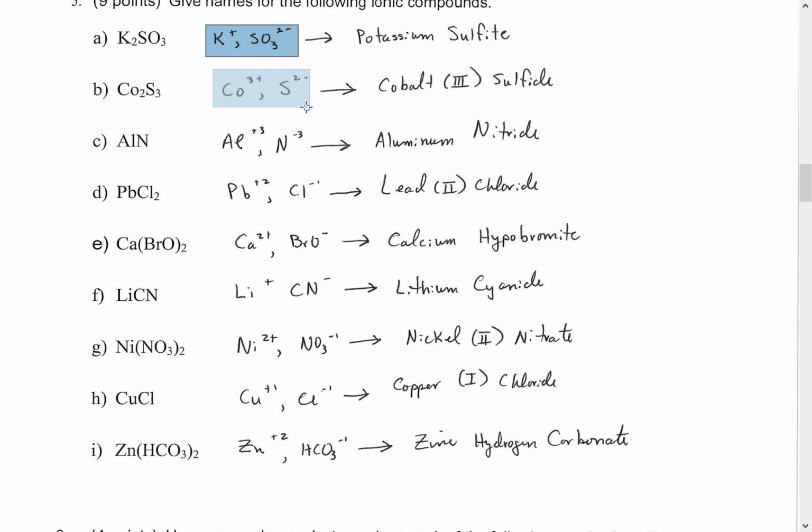So here, we have CO is cobalt, S is sulfide. I went ahead and put a -2 for the sulfide because of where it's at in the periodic table. 6A picks up 2 electrons, becomes a -2 anion. So if I do what's called a reverse crisscross, I can take the number of sulfides I have and make it the charge of the cation.